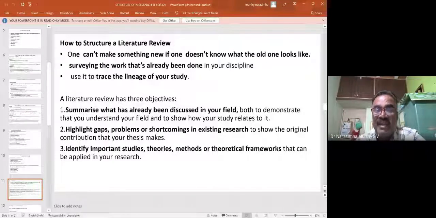Not only that, identify the important studies, theories, methods, or theoretical frameworks that can be applied in your research. Usually, we will take one major theory, but that does not mean that we will not touch upon other theories. There will be at least two to three theoretical frameworks you can use, depending on the nature of the topic and the scope and the purpose of your argument.